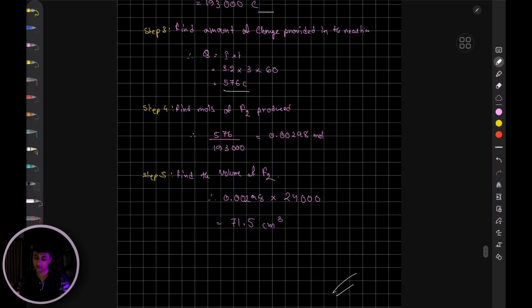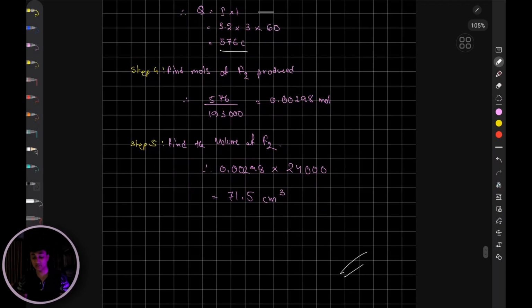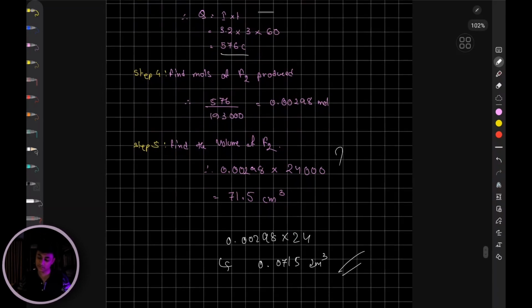Now, to find the volume of fluorine gas, you can do either of two things. If you want your answer in dm cube, you will multiply the moles 0.00298 times 24 and you'll get 0.0715 dm cube, right? Or otherwise multiply with 24,000, which will give you the answer in cm cube, right? So this is your answer for the volume of fluorine gas that will be produced. By the way, for this at least, you need the pressure to be 1 atmospheric pressure.